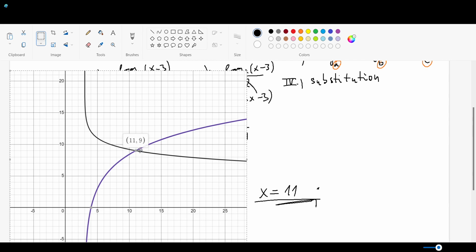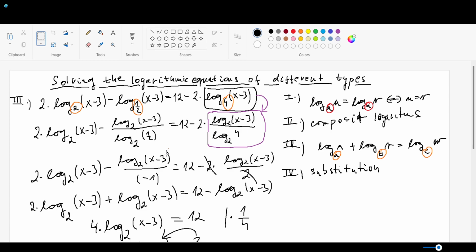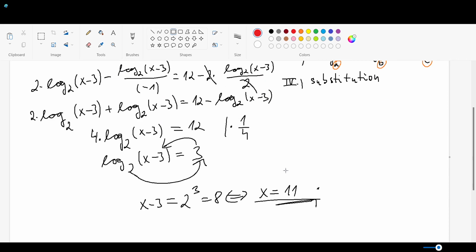So this is our intercept of these two functions, which were defined at the very beginning as the function on the left side of this equation, which is this one, and it is supposed to be equal to the function on the right side of this equation, and this is if and only if x is equal to 11.